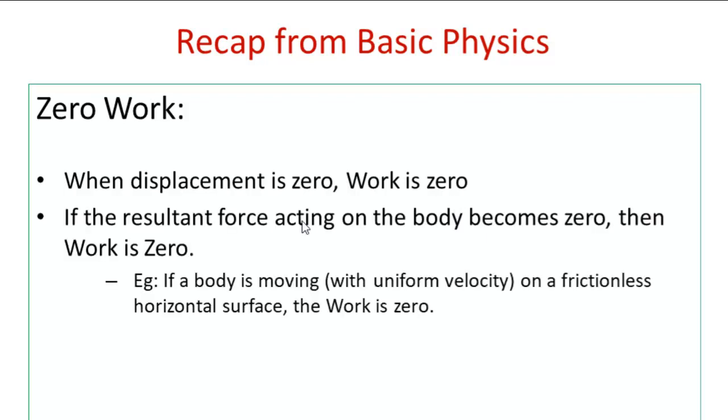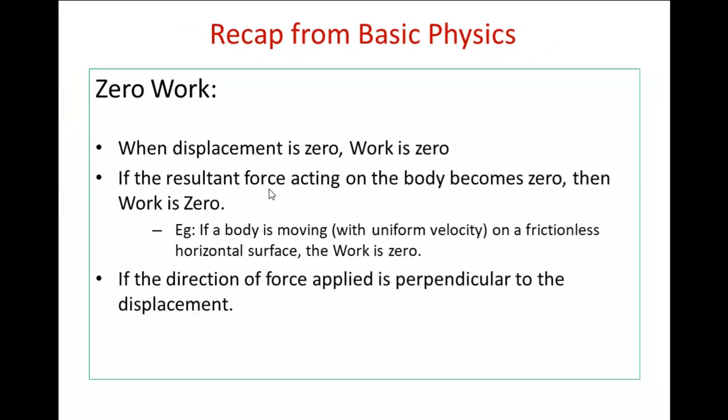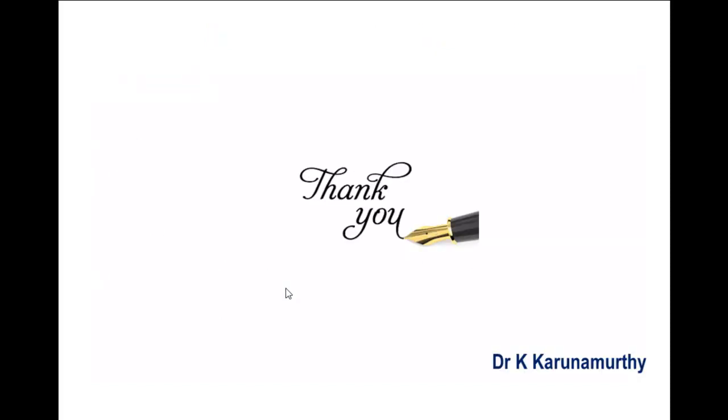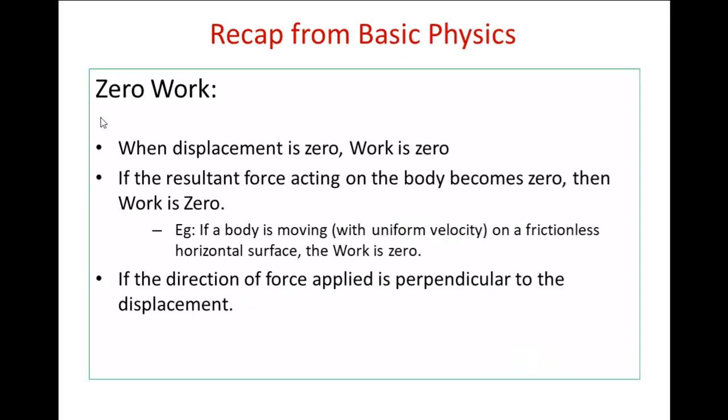The other condition is that if the resultant force acting on the body becomes 0, then also work transfer is 0. Another condition is that if the direction of the applied force is perpendicular to the displacement of the object, then also work transfer is 0. So these are the cases during which we will have work transfer as 0.